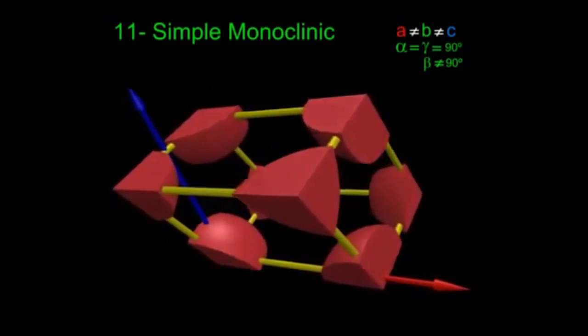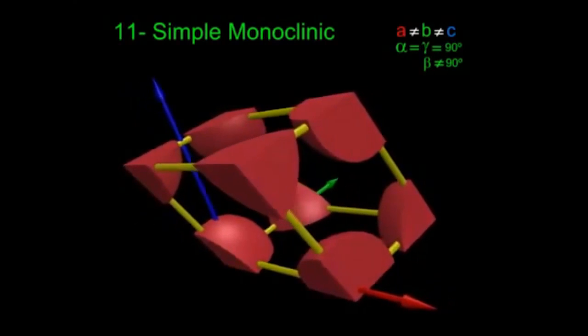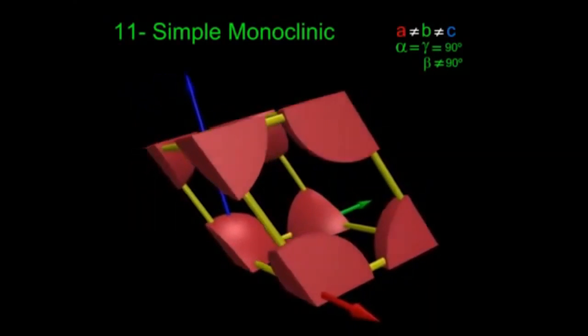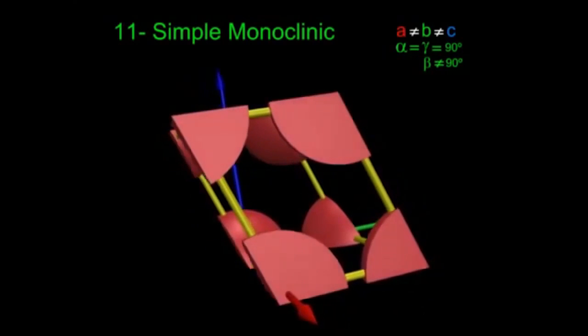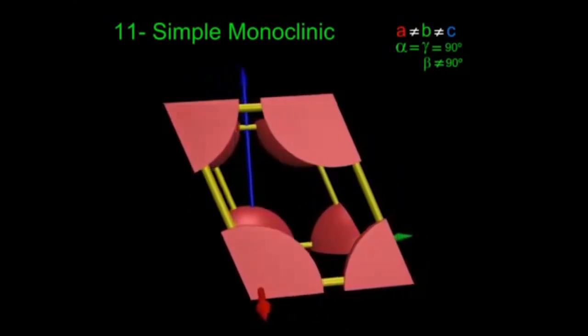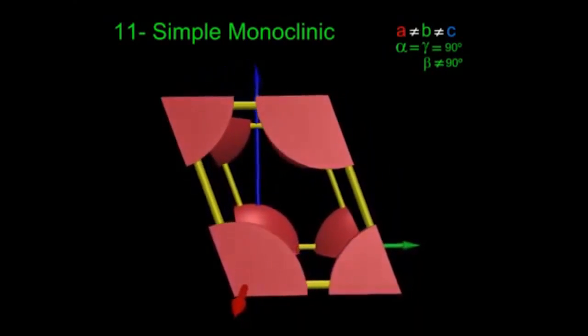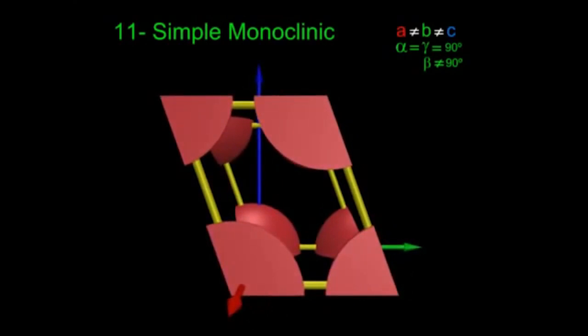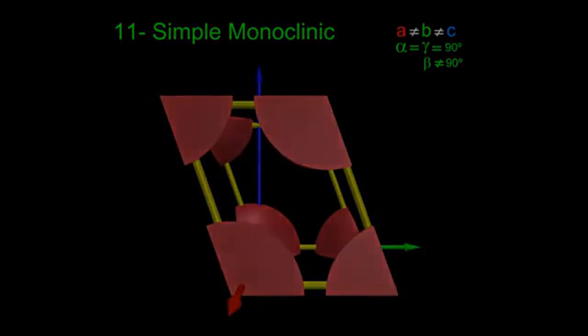See, in this face you will observe the angle is different. Two angles are nearly 120 degrees and the other two are less than 120 degrees. This is the simple monoclinic unit cell. It is a primitive unit cell.